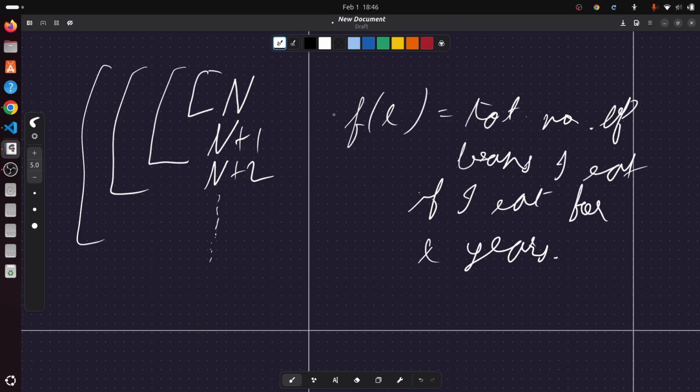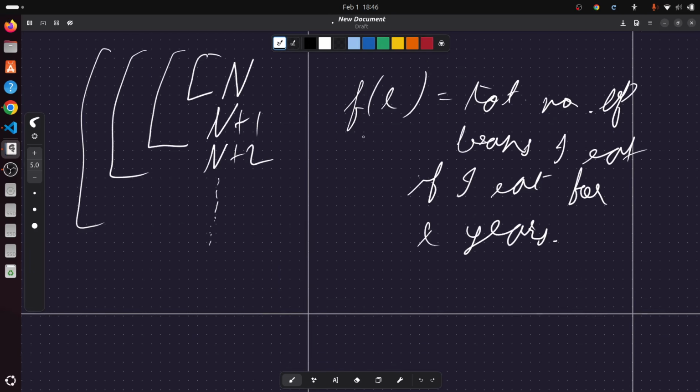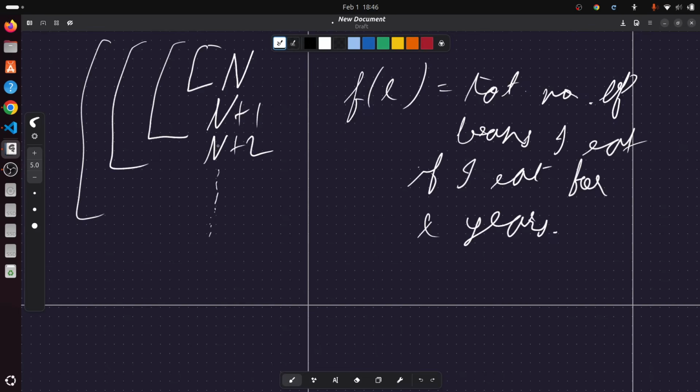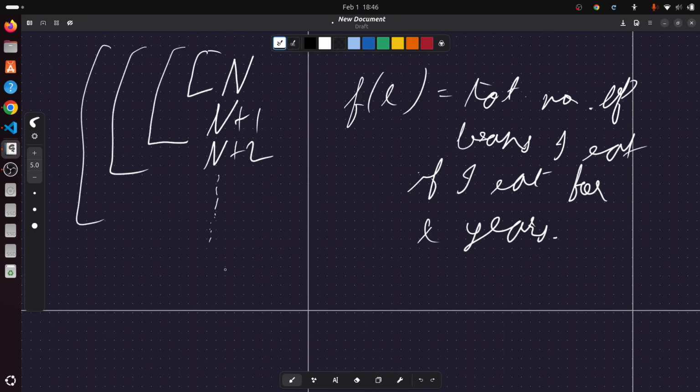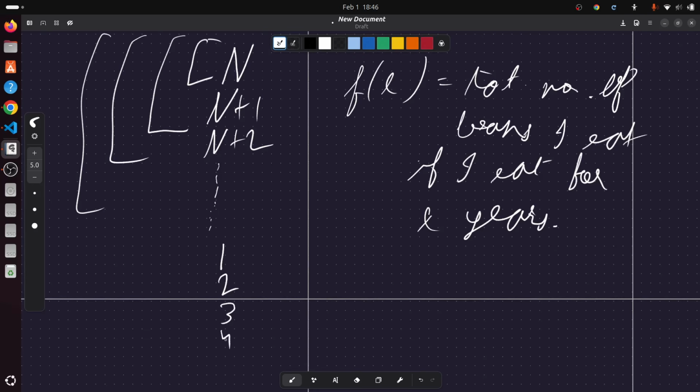So if you look at f of L, it is actually quadratic in L. Okay, what I mean by that is that let's say you have n equal to 1. So on the first year you eat 1 bean, on the second year you eat 2 beans, on the third year you eat 3 beans, on the fourth year you eat 4 beans, and so on.